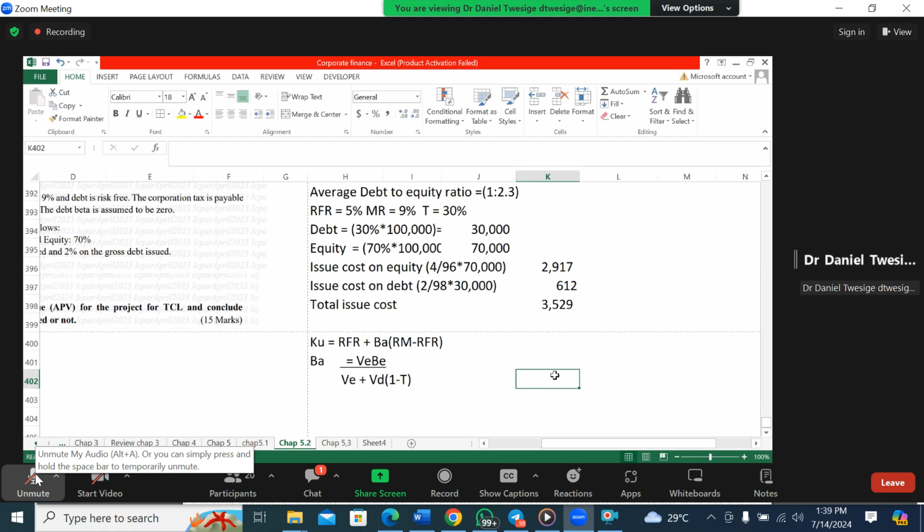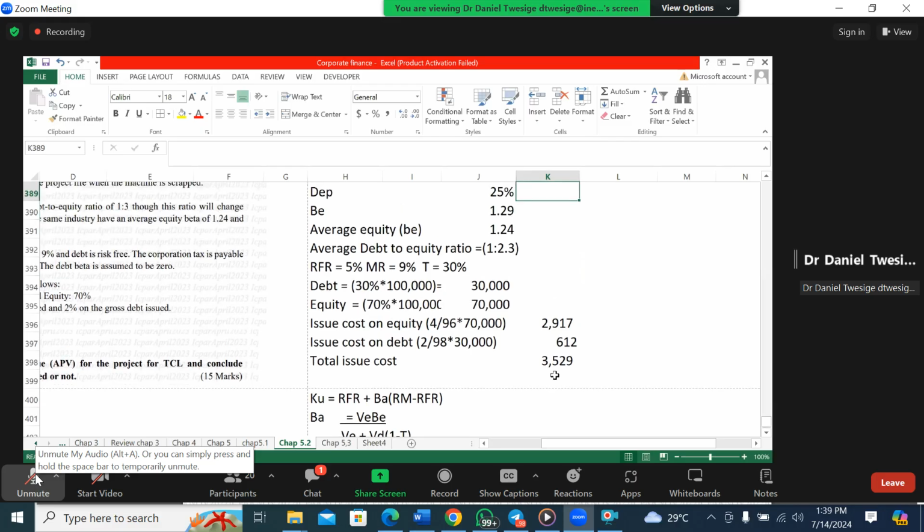But in this case I'm going to use the average, that reflects what is current in the market. So I'm going to use the current average equity beta and the current debt equity ratio after financing the business.